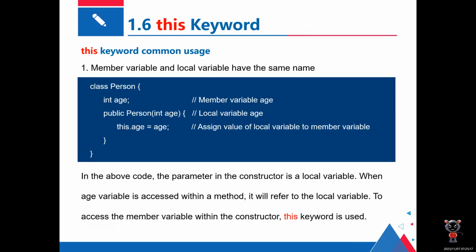In the constructor method, we are trying to assign a parameter age value to the member variable age. So this.age means we are accessing the member variable age, and then equal to age means we are assigning the input variable age to the member variable in this program.